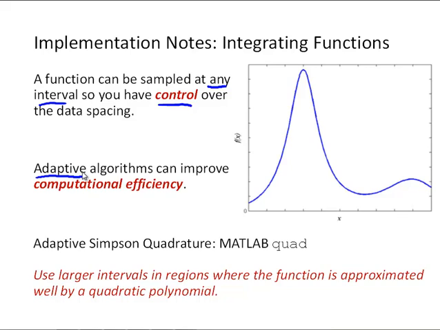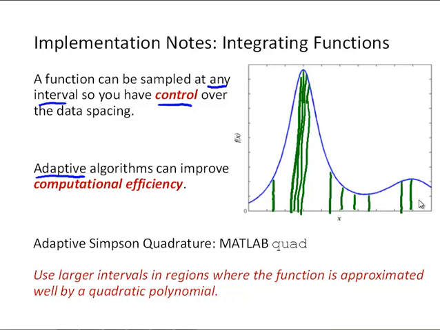So for example, here, this is the MATLAB humps function again, you might do just fine with a large interval for that range where the data is almost linear, but then use much smaller intervals near that sharp peak, and then again a larger interval, maybe a couple smaller intervals, and then a larger interval, a couple smaller intervals.